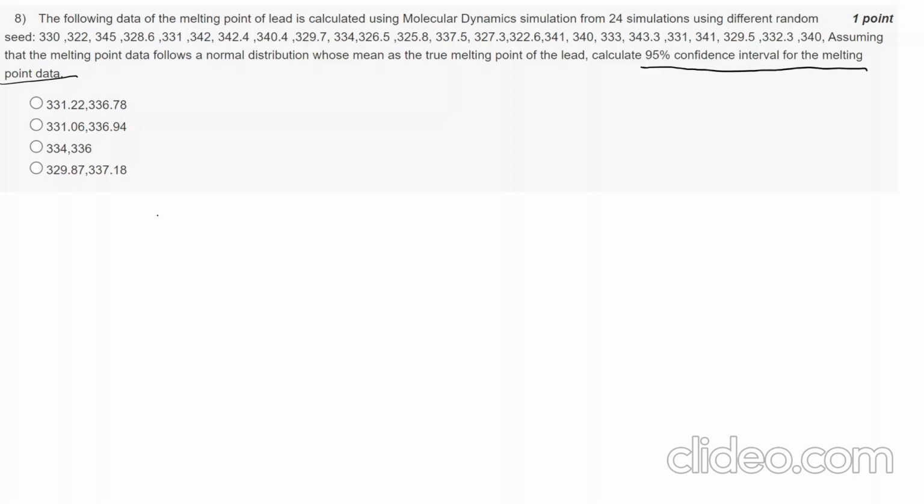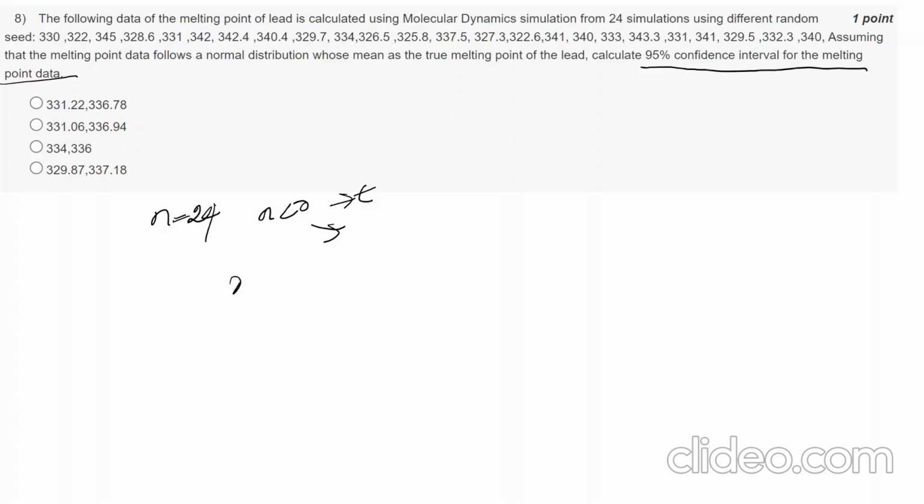So first, let's find it. Here, n is less than 30, hence we can use either the t distribution, or we can also try with the normal distribution as well. First, we don't know the population mean or population variance, so we have to find the sample mean directly from the given data.